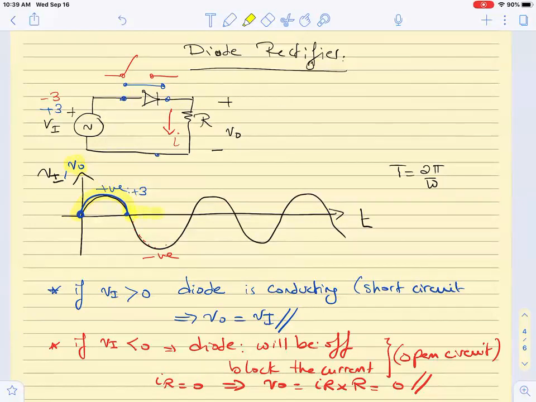It's going to be equal to zero. Okay, so my V out I will draw in blue, it is going to be equal to zero. Therefore V out comes from two sections: VO equals Vn and VO equals zero.